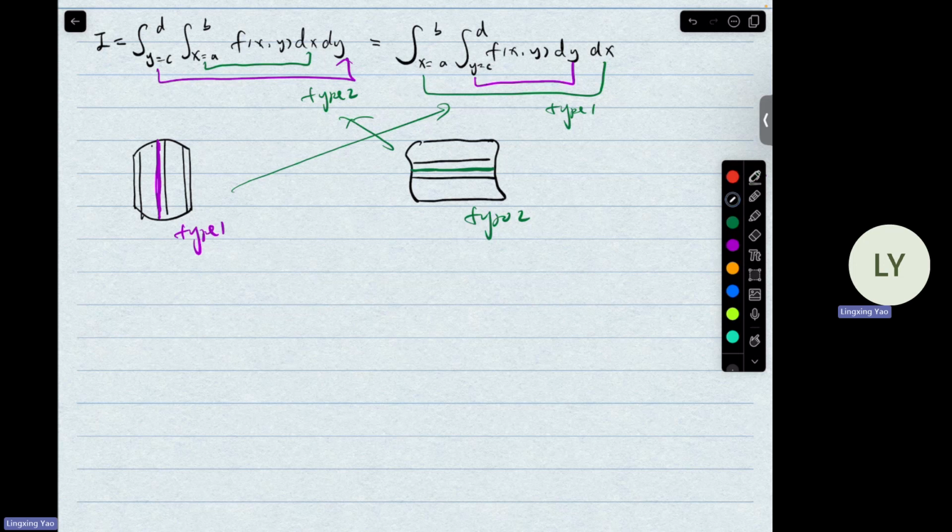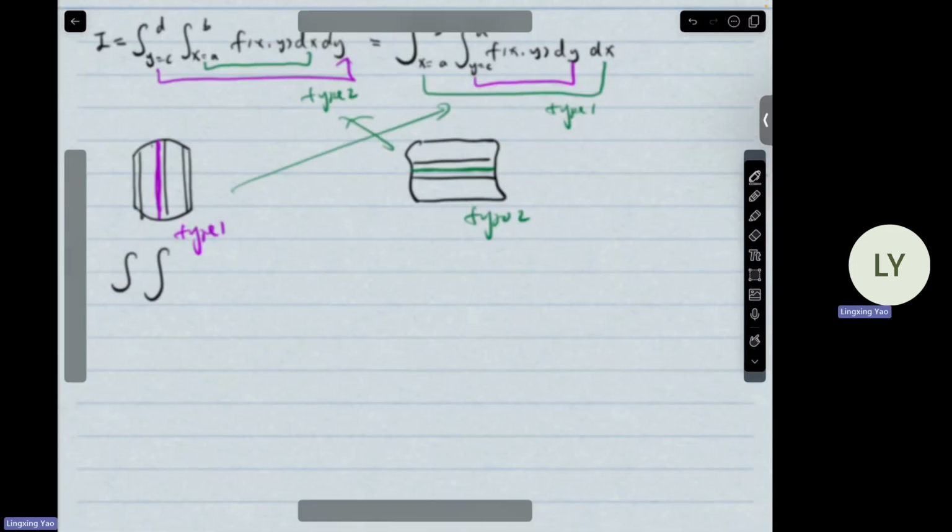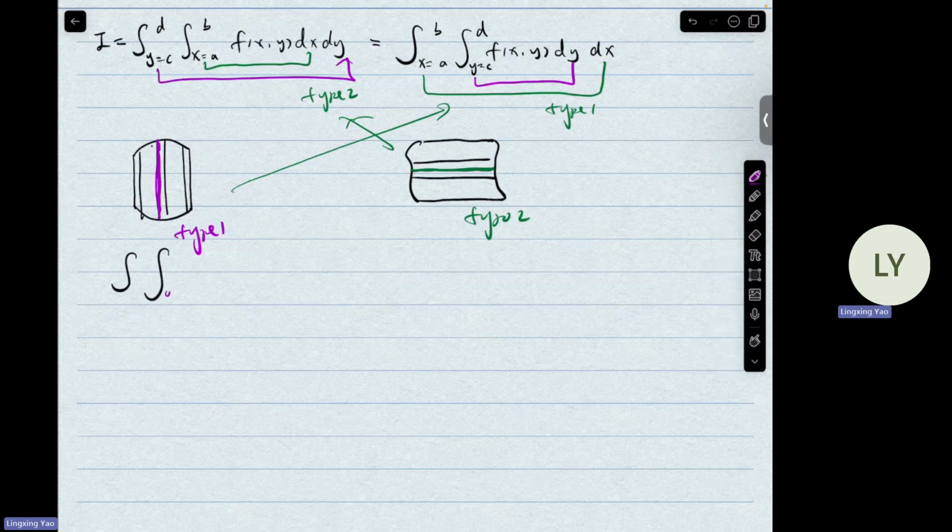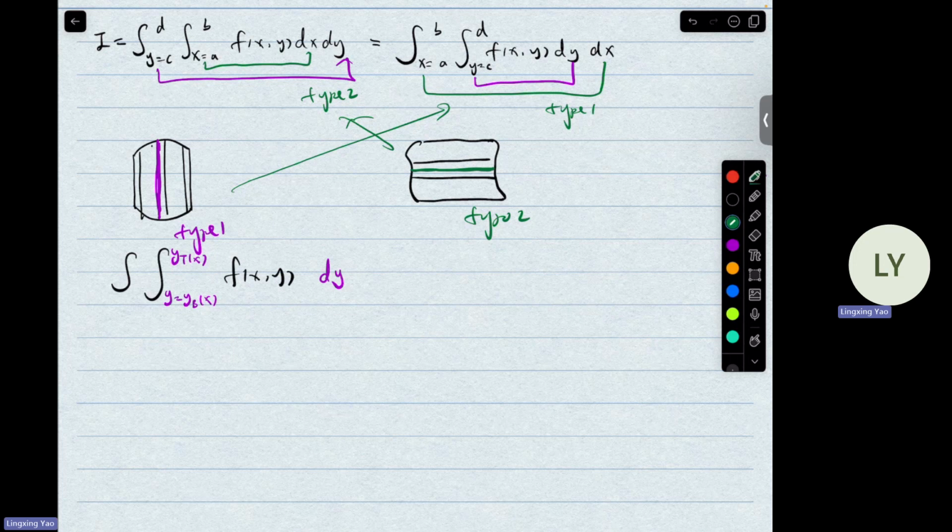So if we write the iterated integral out, then as we write it, y equals y bottom of x to y top of x, dy, and the integrand is f of x, y, and then x is going to be from a to b.